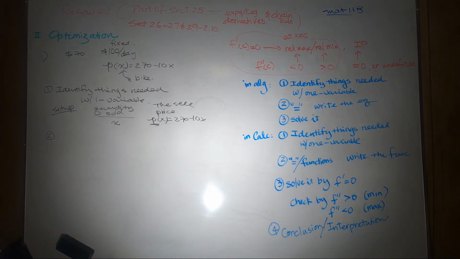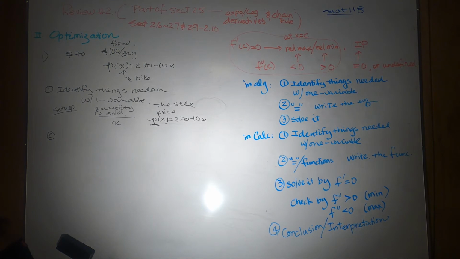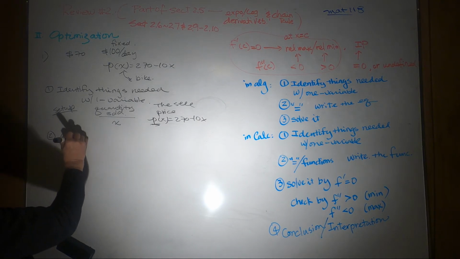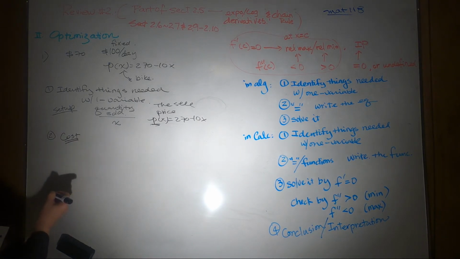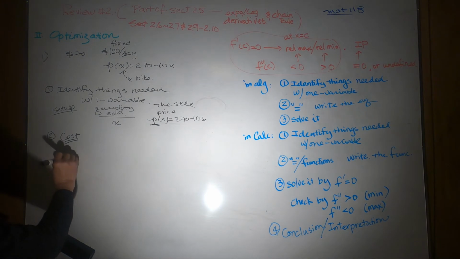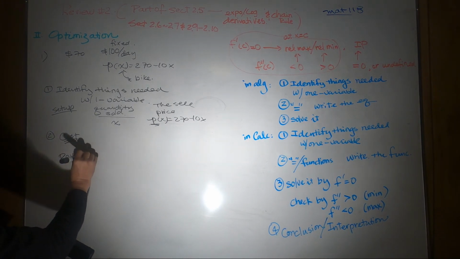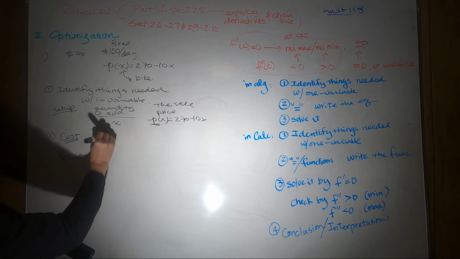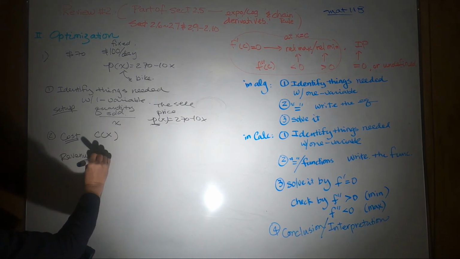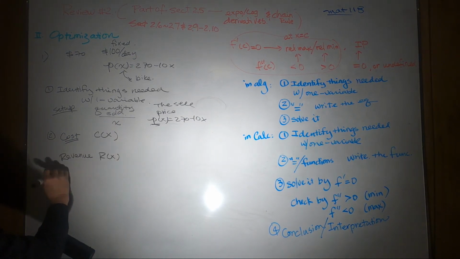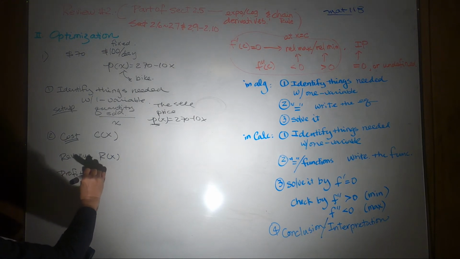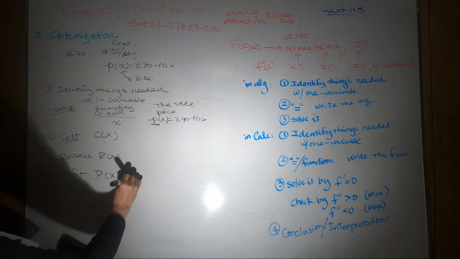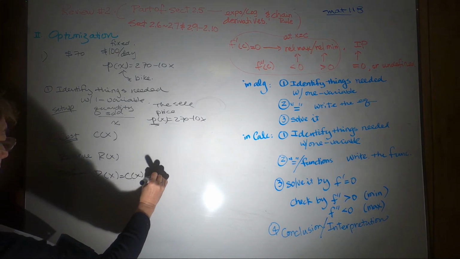What kind of function do we need to write? For the question, it's the profit, right? But the profit starts from your cost and your revenue. So your cost is C of x, revenue is R of x. So we know the profit, your P of x, would be your R of x minus C of x.